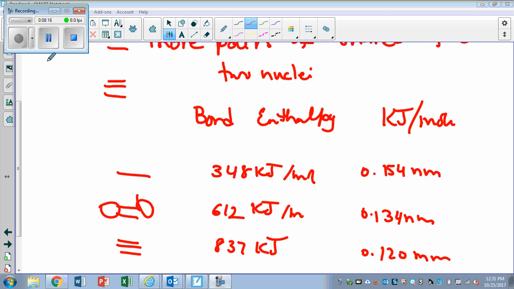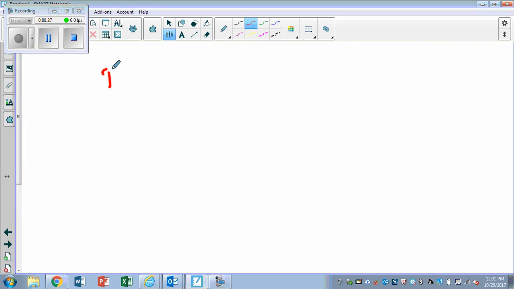The next thing we want to talk about is the bond polarity. Bond polarity is discussed based on the electronegativity.